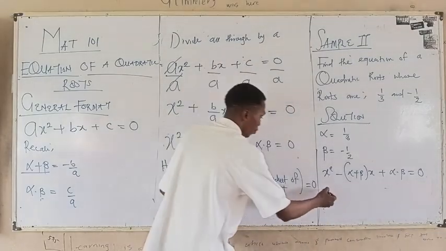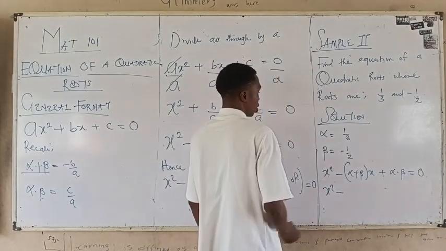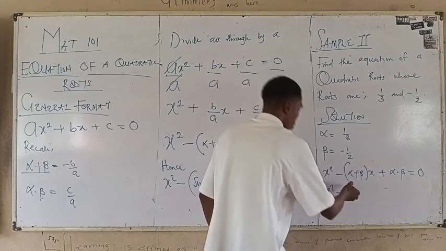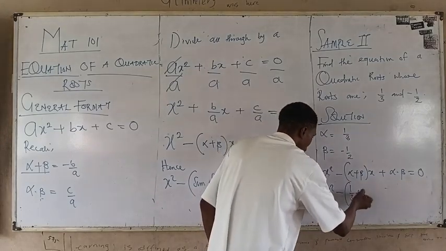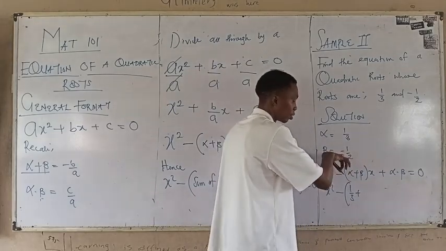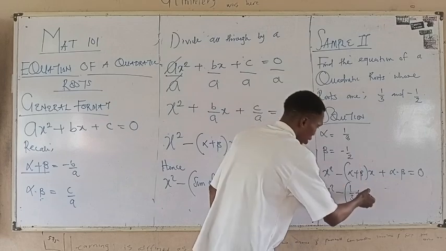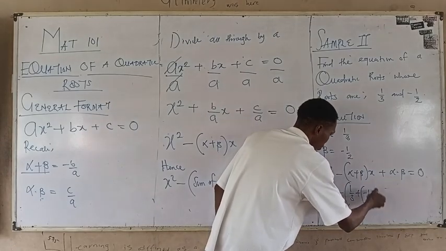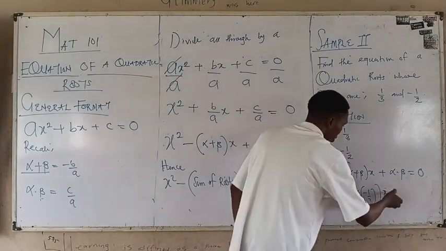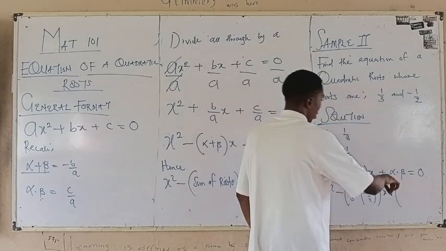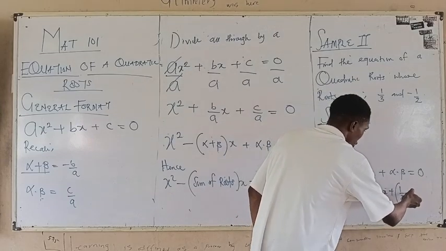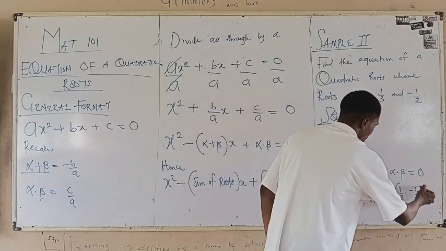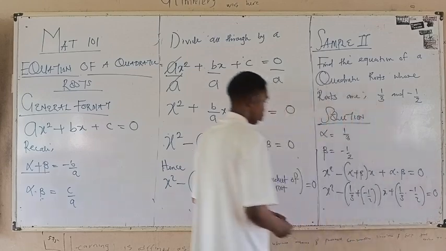So what do I have? x squared minus, what's my alpha? 1 over 3 plus, don't forget it has a negative sign, I can put that in bracket, minus 1 over 2, then the x is outside. Plus the other one, the same thing, 1 over 3 dot minus 1 over 2 equals to 0.